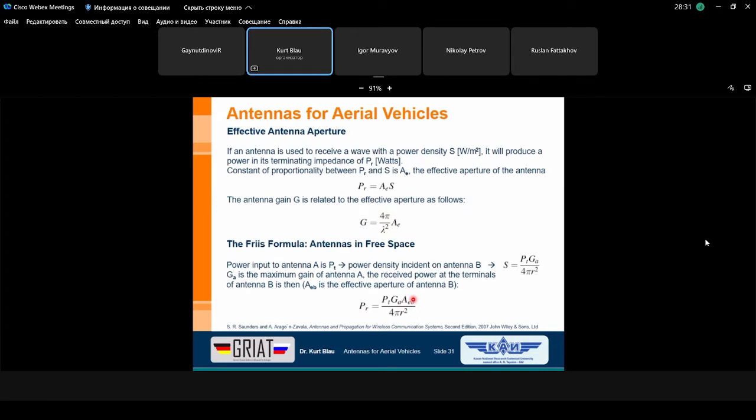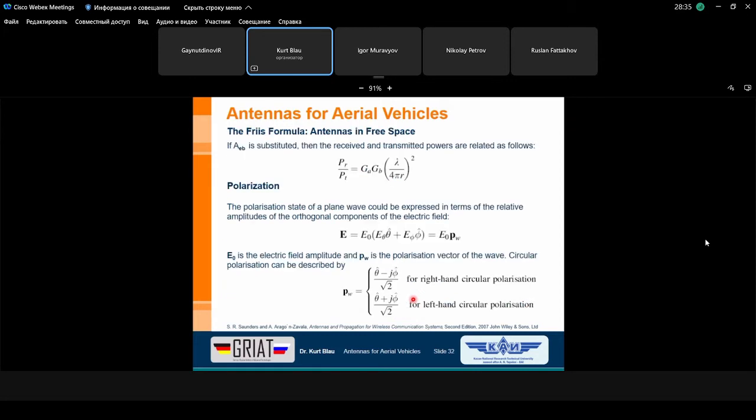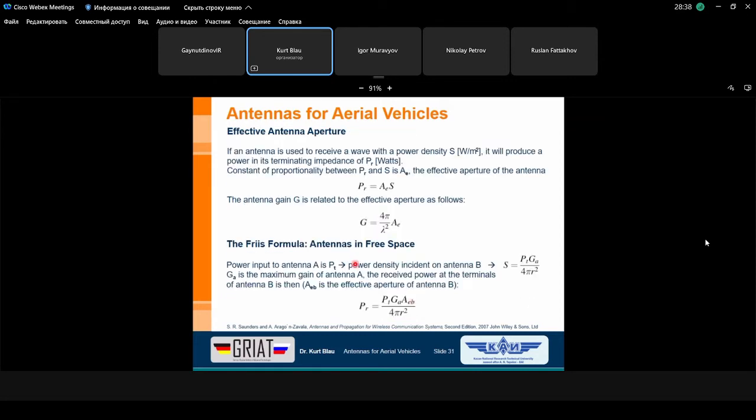Yeah, more or less the end of our discussion was the Friis formula, means antennas in free space. We have two antennas, let's say point A, distance small r, point B, the distance between both antennas again small r.